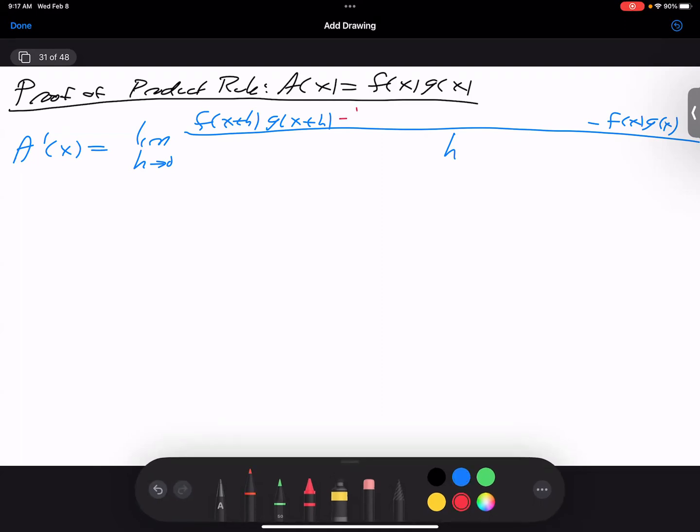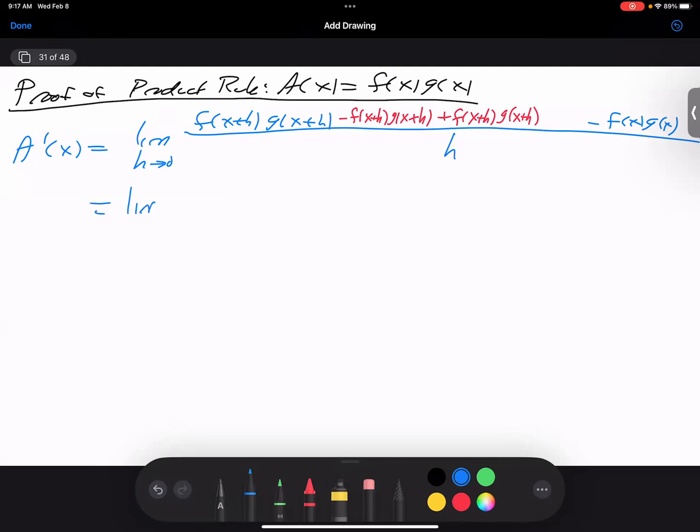If I subtract f of x plus h g of x, that's going to look like f prime times g of, oh, that should be g of x plus h. And then I'll add f of x plus h, g of x plus h. And so I haven't really done anything.